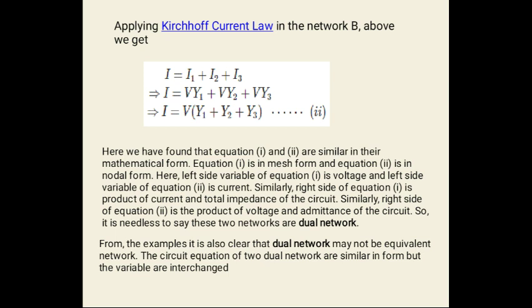Similarly, the right side of equation 1 is the product of current and total impedance of the circuit, and the right side of equation 2 is the product of voltage and admittance of the circuit. So it is needless to say these two networks are dual networks.